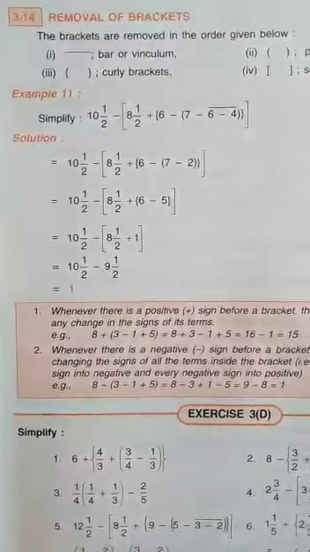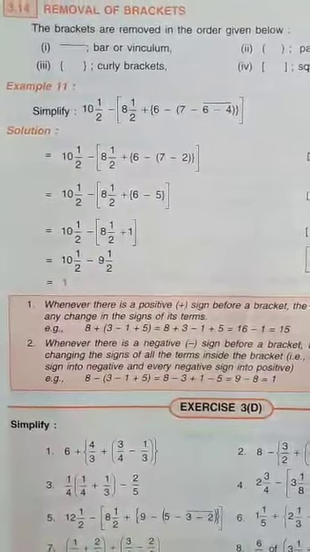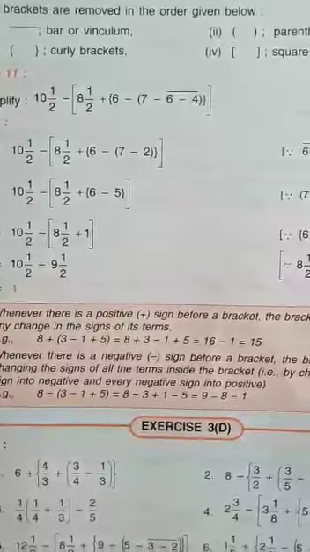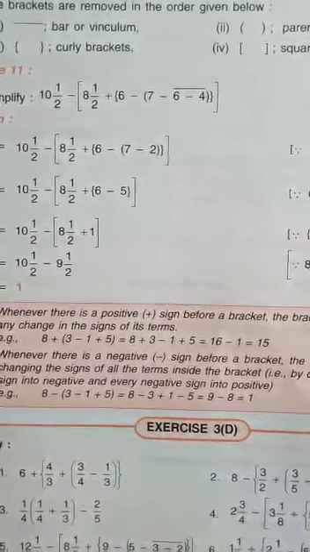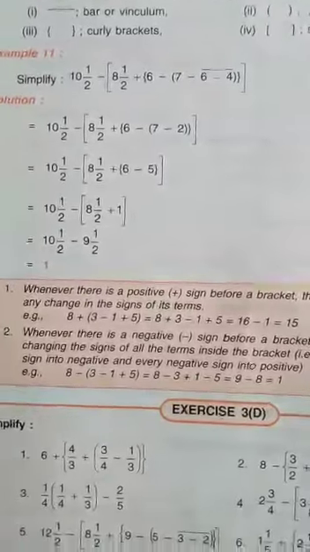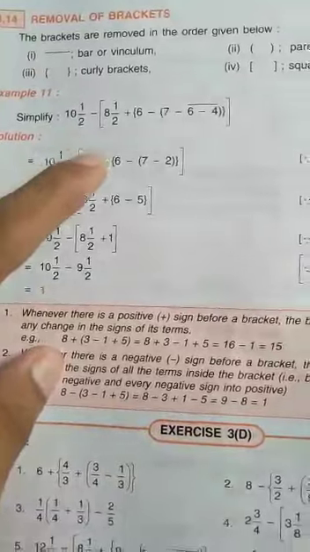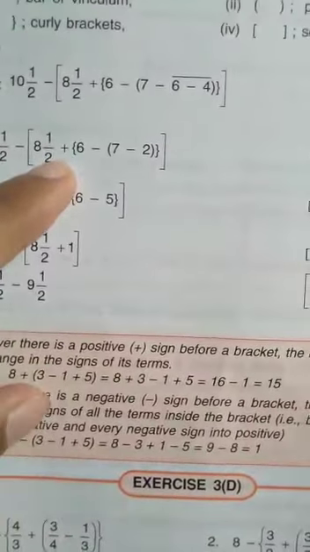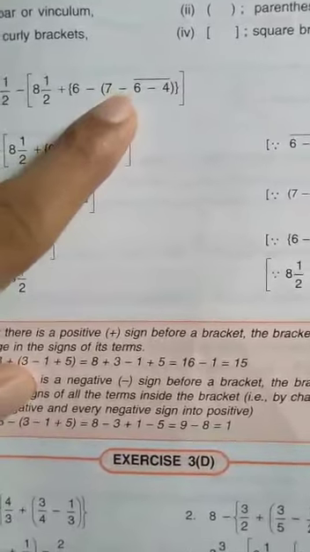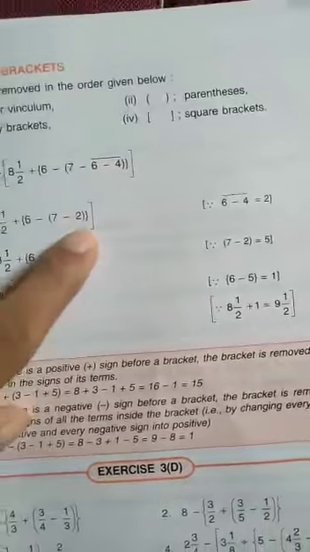Example 11. Simplify 10 and a half minus 8 and a half plus 6 minus 7 minus 6 minus 4, with a bar above 6 minus 4. So 10 and a half minus 8 and a half plus 6 minus 7, and we know that at first we need to remove the vinculum, so 7 minus 6 minus 4 means 2.